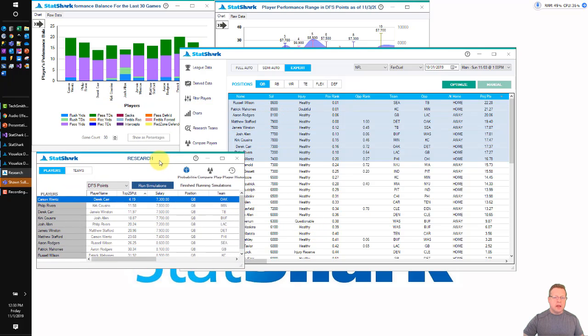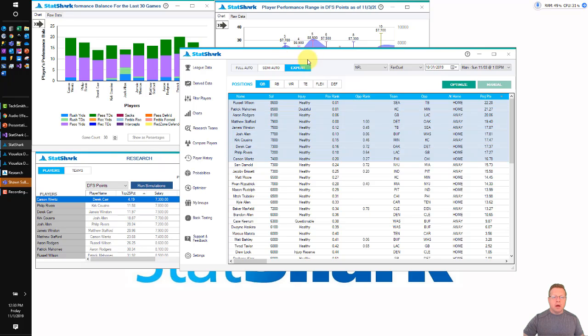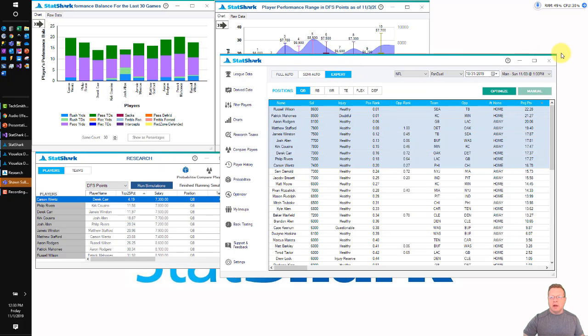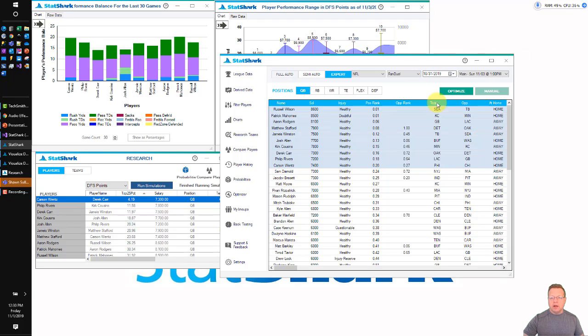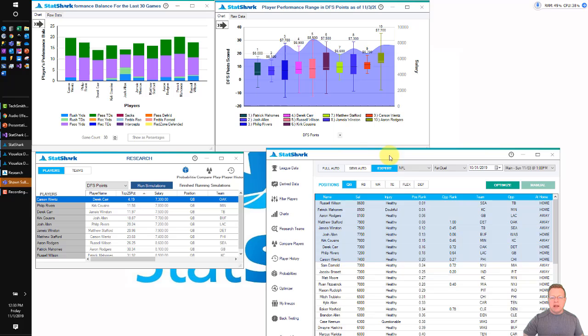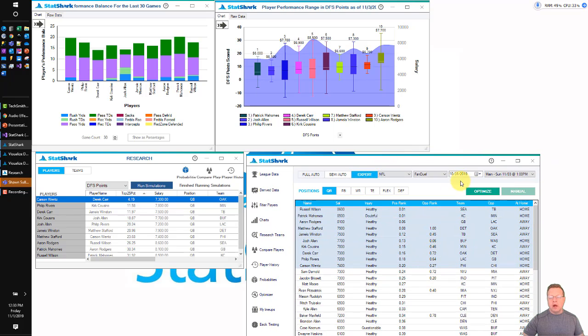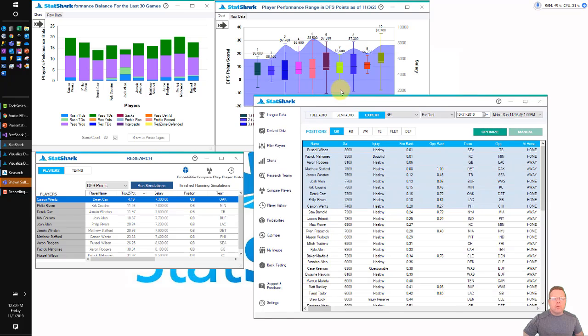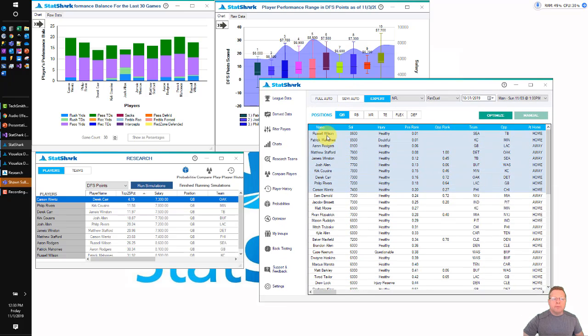Okay, so we have that information here. We have our primary data here, and again, you can create as many windows as you like. You can fill your screen with it, and you can get an overall understanding as to performance by individual.